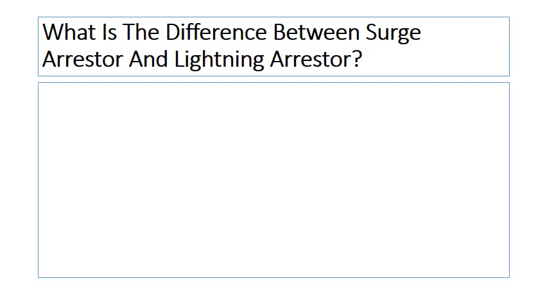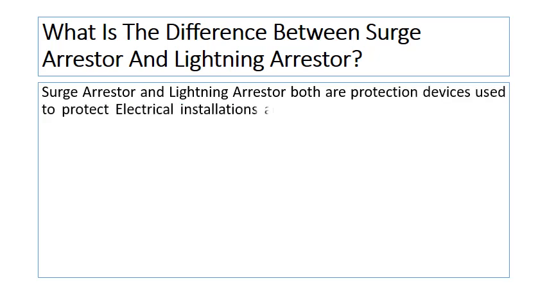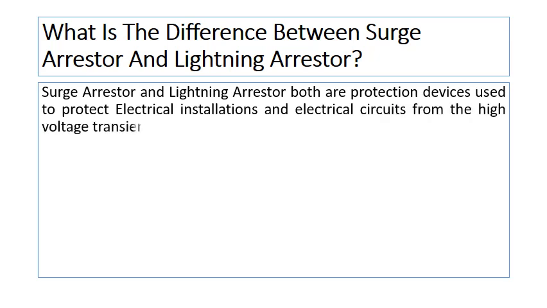What is the difference between surge arrestor and lightning arrestor? Surge arrestor and lightning arrestor both are protection devices used to protect electrical installations and electrical circuits from the high voltage transient or surge.